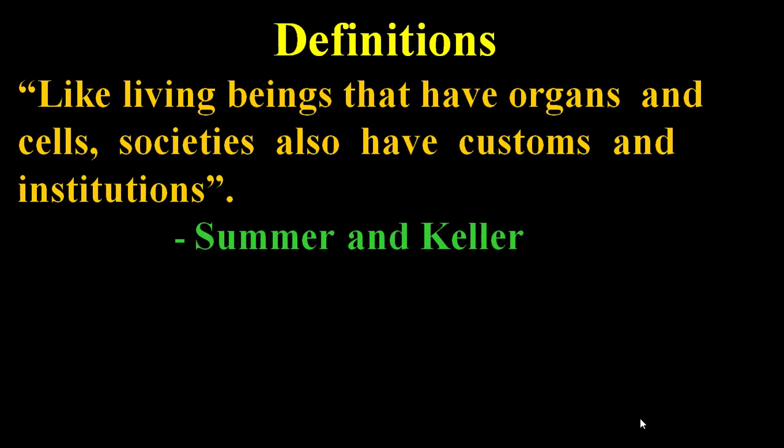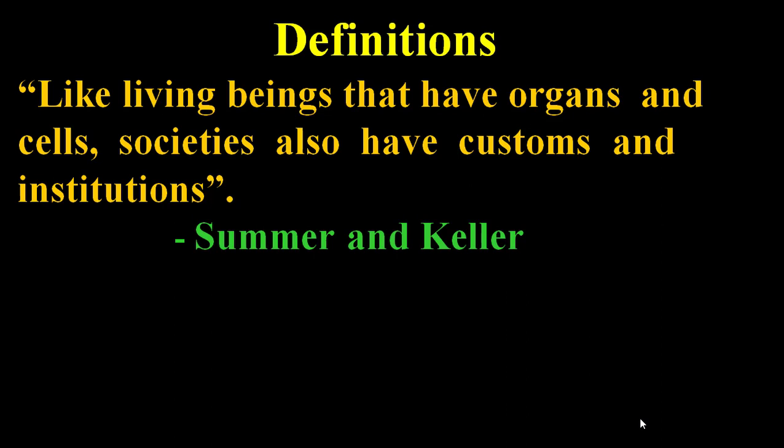Here are some of the very important sociologists who gave definitions. According to Sumner and Keller, like living beings that have organs and cells, societies also have customs and institutions.